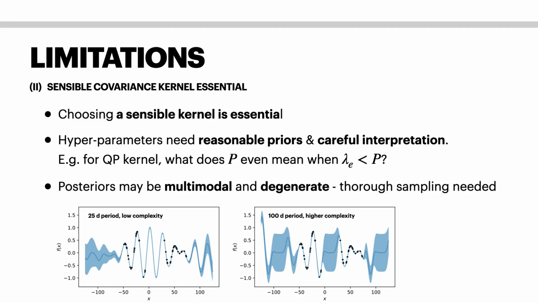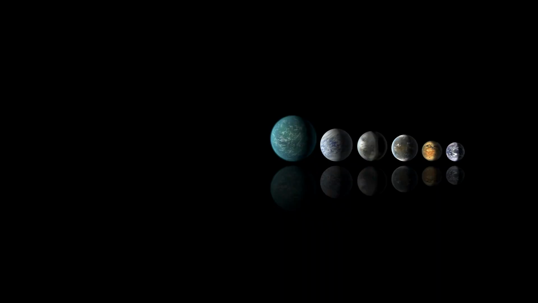So in practice, what this means is you need reasonable priors for your hyperparameters, and you really need to explore their posteriors thoroughly and simultaneously with other parameters in your physical model, for example planet parameters, instead of taking lazy shortcuts like trying to do max likelihood optimization, which could lead you astray.